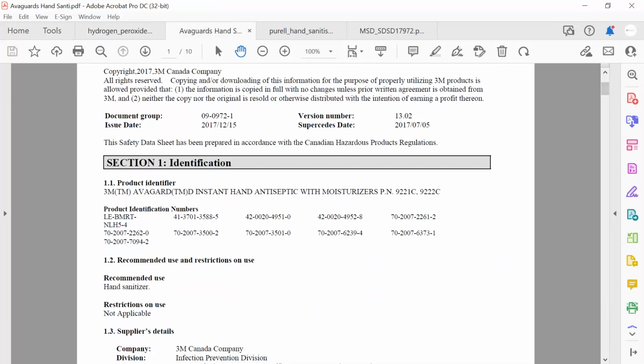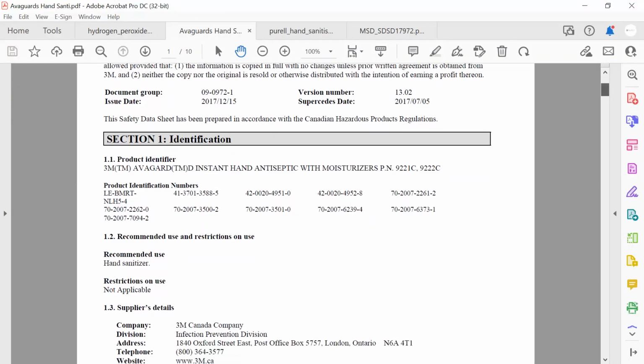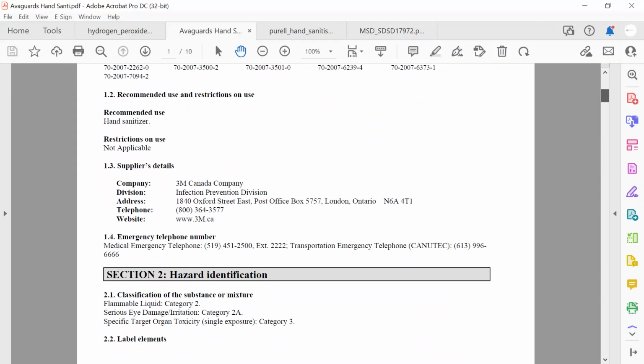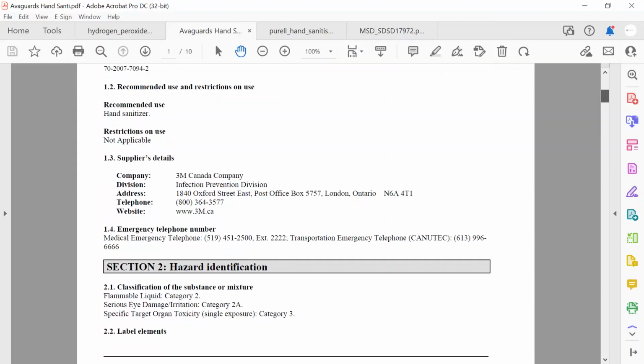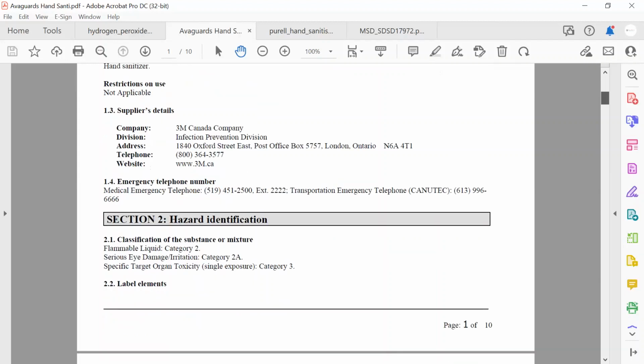So depending on where you're working, you may be exposed to this or a similar product. So I wanted to bring this to your attention as well. It's from 3M, which is a Canadian company. So a lot of the items they'll have will be not only the items for America, but also Canada's programs too. So it is a flammable liquid.